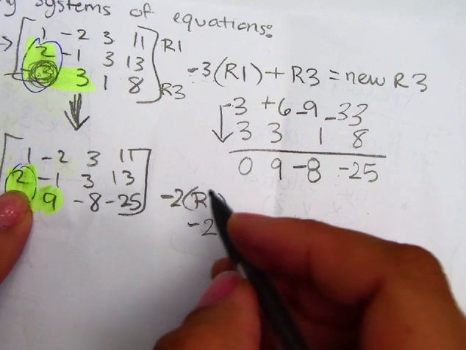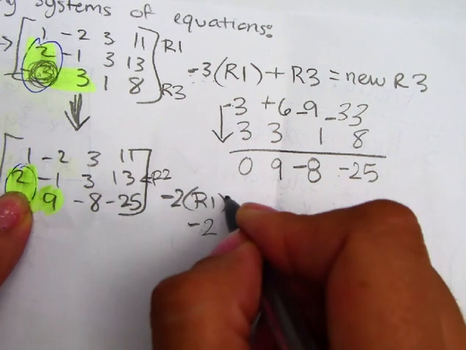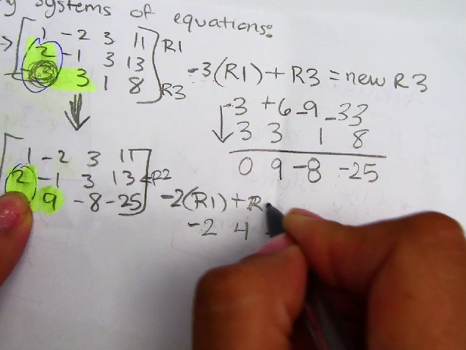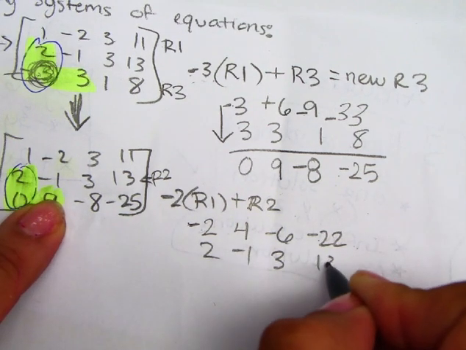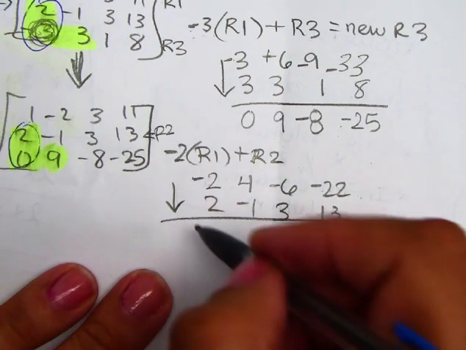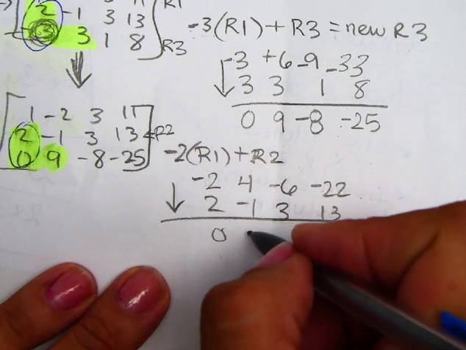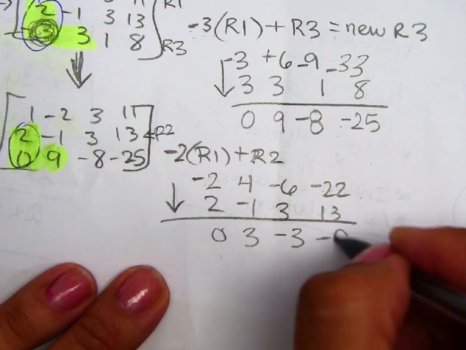Then we're trying to change row 2. So we're going to add it to row 2. So 2, negative 1, 3, 13. We're going to add downwards. And that's going to result in 0, 3, negative 3, and negative 9.